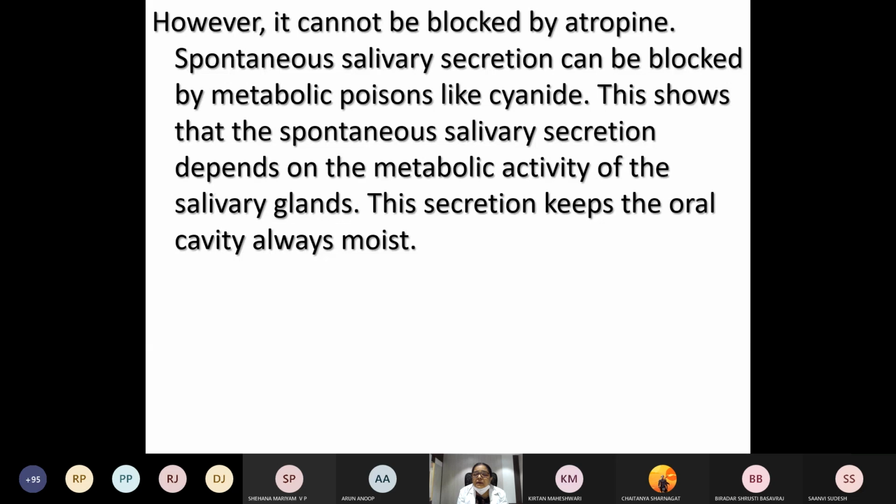Spontaneous salivary secretion can be blocked by metabolic poisons like cyanide. This shows that it depends on the metabolic activity of the salivary glands. This secretion keeps the oral cavity always moist.